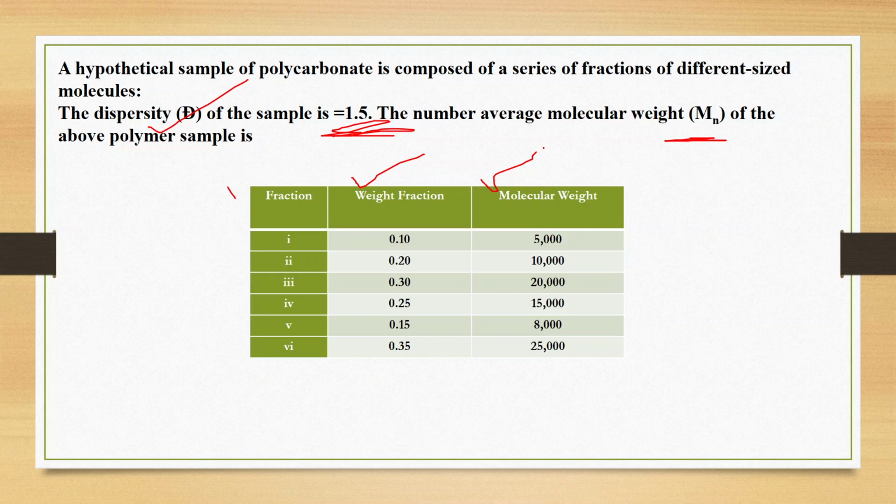So now you need to calculate Mn using the dispersity. You can calculate Mn like the previous equation, doing 1 by summation of Wi by Mi. But my point of giving this question is to try to calculate the Mn value from the dispersity value that is given.